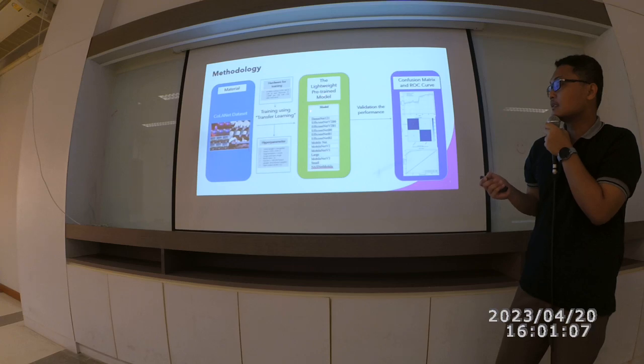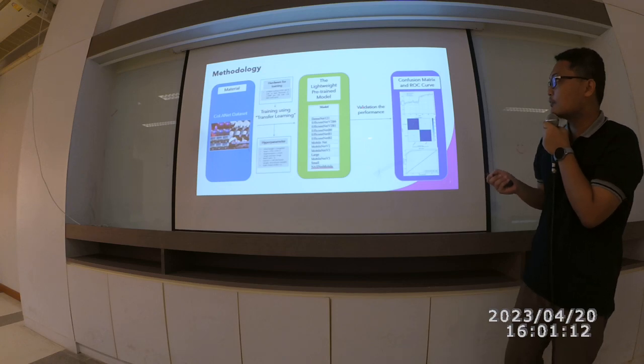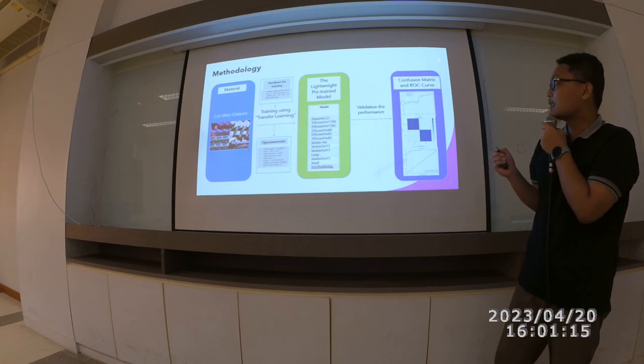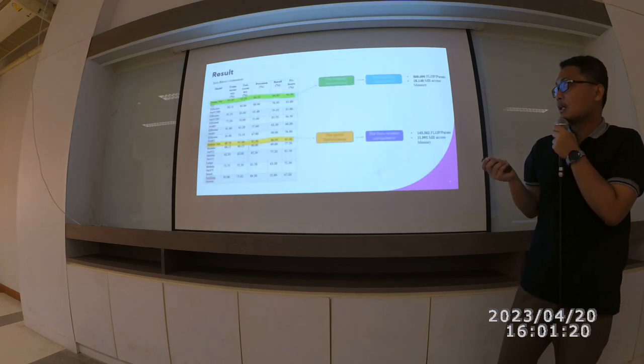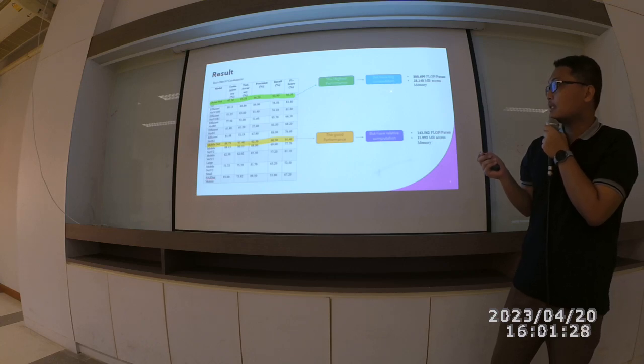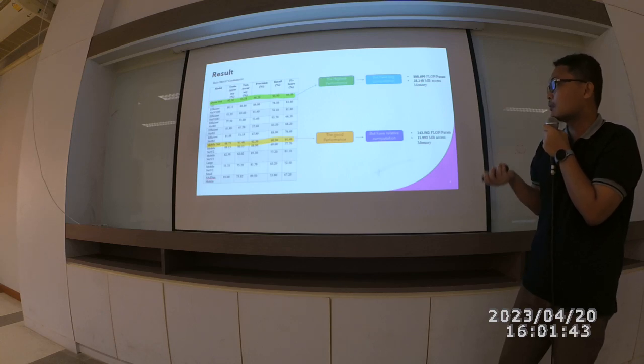This is the list of the lightweight pretrained models, and we validate the performance using the confusion matrix and ROC curve. The result is that in this table, DenseNet has the highest performance, but it has big computation, which is 808,690 parameters and needs 28.1 megabytes of memory access.